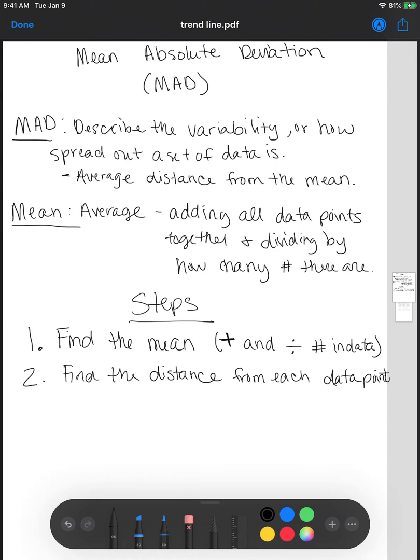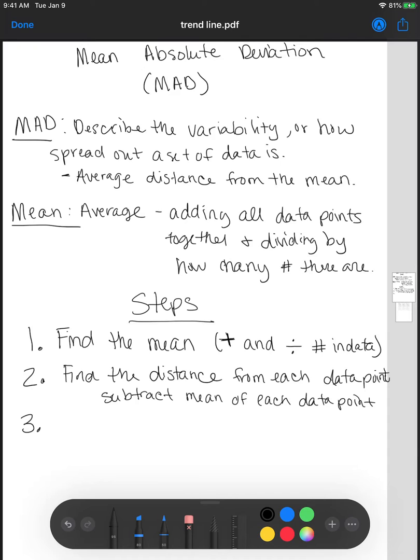This is mainly subtracting, but you can't have negatives. So you subtract the mean from each data point. I'll show you that step. Don't worry, these are just written out so we can go back and see.